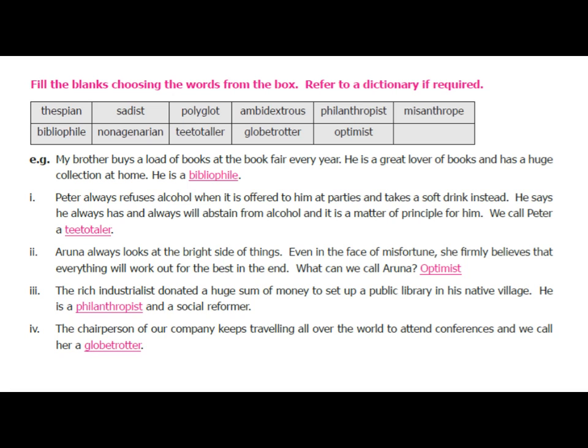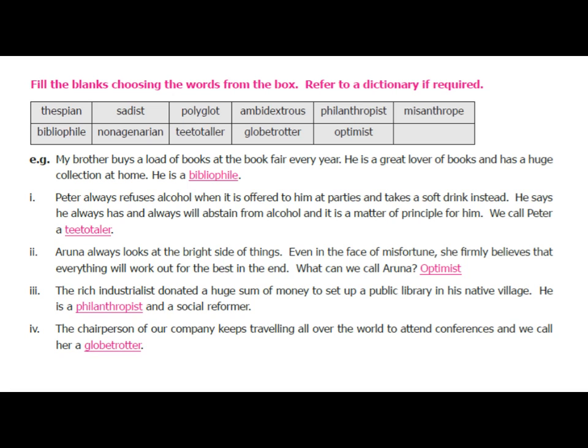Fill in the blanks choosing the words from the box. Refer to a dictionary if required. This is one word substitution. My brother buys a load of books at the book fair every year. He is a great lover of books and has a huge collection at home. He is a bibliophile.